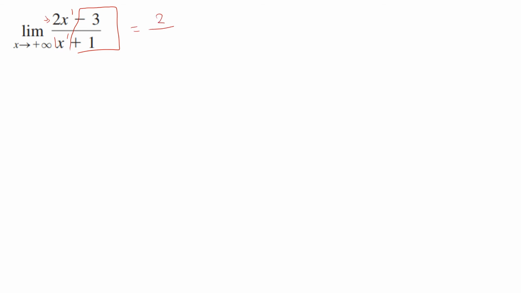So 2 over 1, which will give me a value of 2. And actually that would be my answer if I do it the same way I did in the previous question.